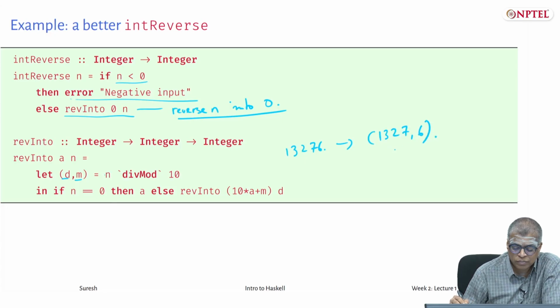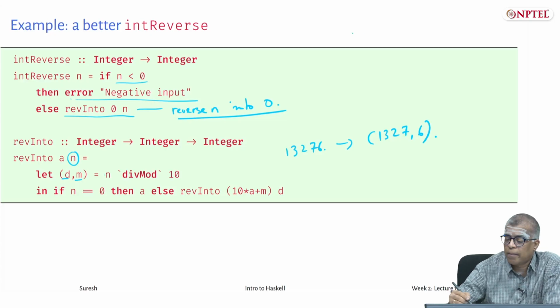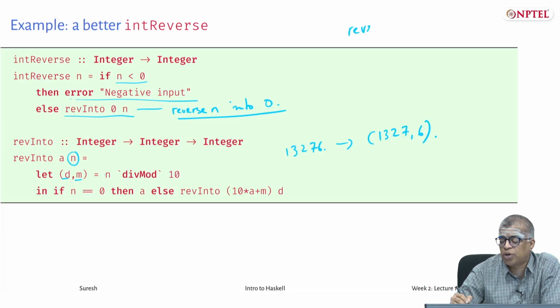If n is 0 originally, then I just return the accumulator, because reversing 0 into any a is just a.